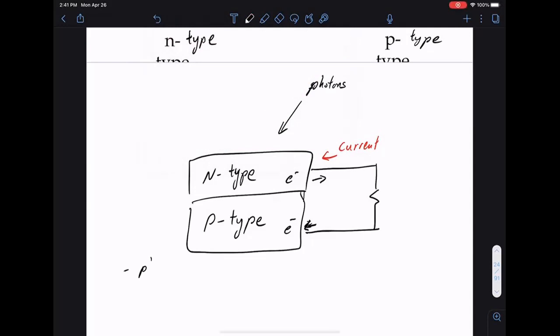So if you look at the photons, for people who have some quantum mechanics knowledge, only photons of certain wavelengths can generate current.